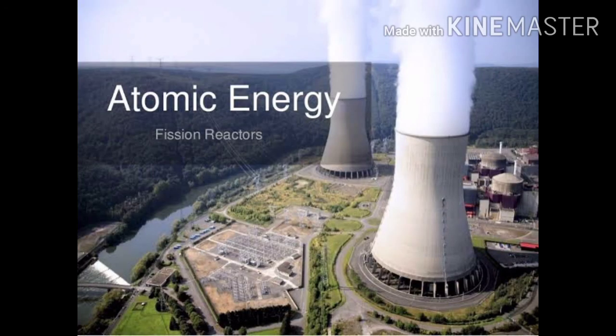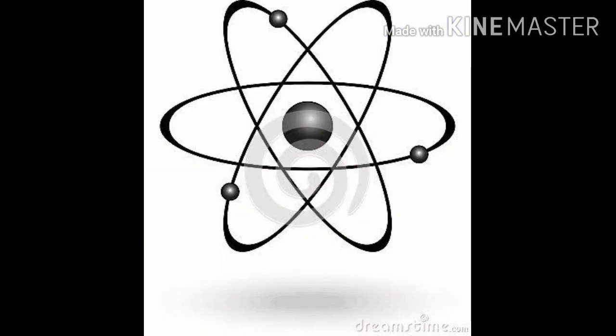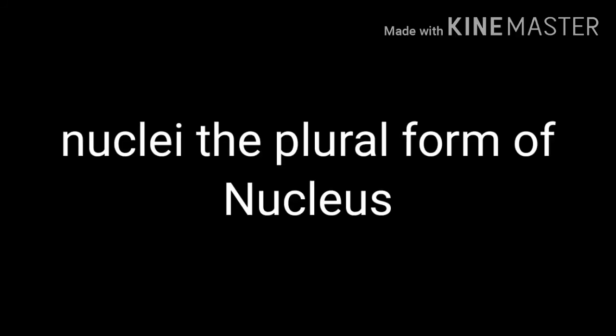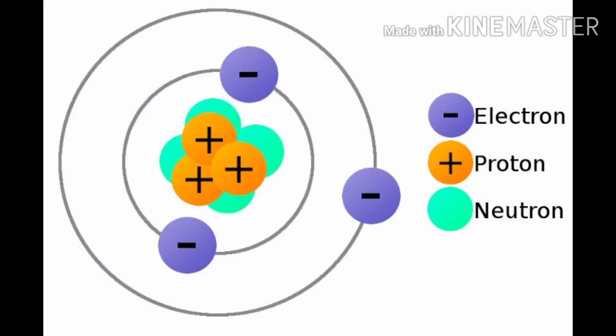And atomic or nuclear energy. Atoms have a central region called the nucleus, around which subatomic particles called electrons revolve. Nuclei, the plural form of nucleus, contain elementary particles called protons and neutrons.